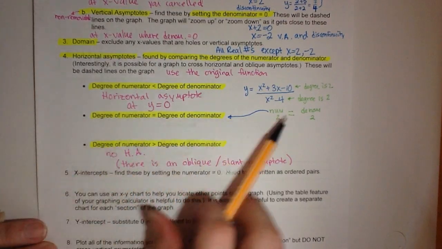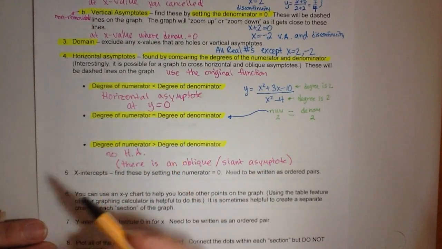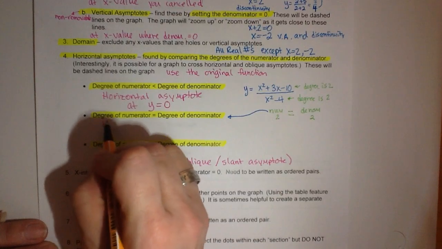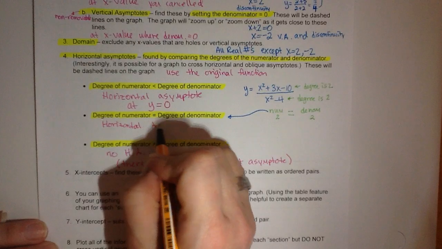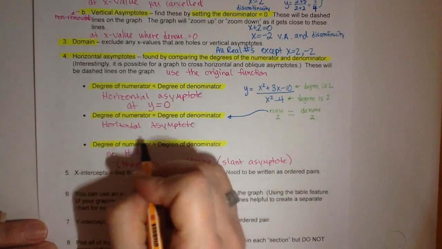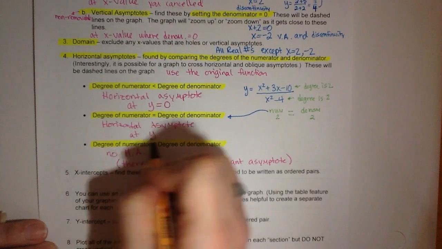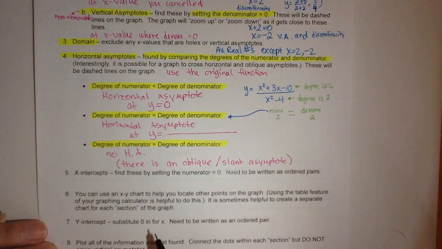So back to the kind that we have in our problem, if the degree of the numerator is equal to the degree of the denominator, you're going to have a horizontal asymptote. And it's going to be at y equals, we have to put two numbers over each other.